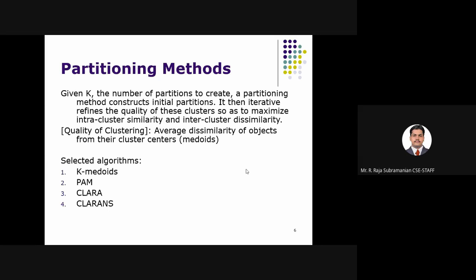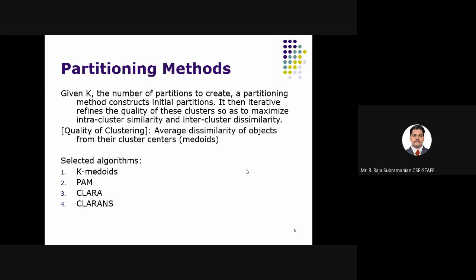So we strive to give k-means some generalization, where in each iteration, once I get the cluster centers, I do some calculation to find the cost of having those k points as cluster centers. If the cost of having them as cluster centers is lower than for the other points, then I can fix those points as good medoids. The medoid is such that the average dissimilarity of the objects in the cluster to the medoid should be as low as possible.